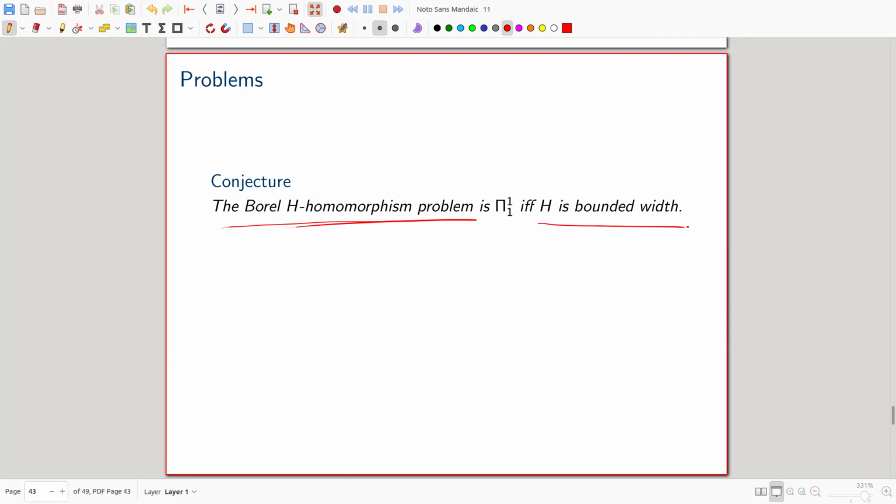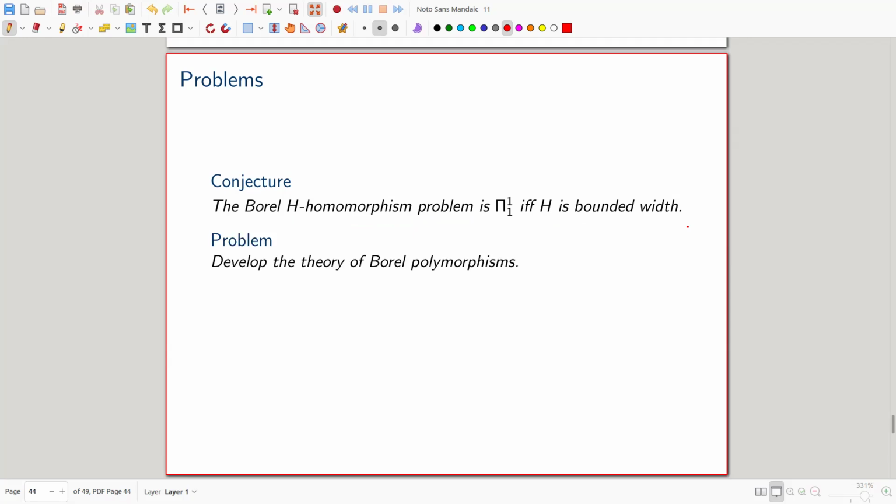It would be reasonable to guess that since in the finite context polymorphisms play a central role, it would be similar in the Borel context, but I'm not quite sure how to build this theory of Borel polymorphisms even. So I guess this is another problem. I don't know what is the right notion of Borel polymorphisms.